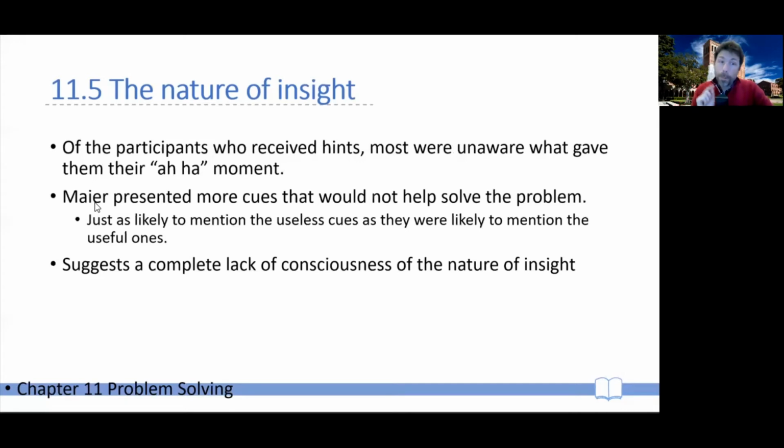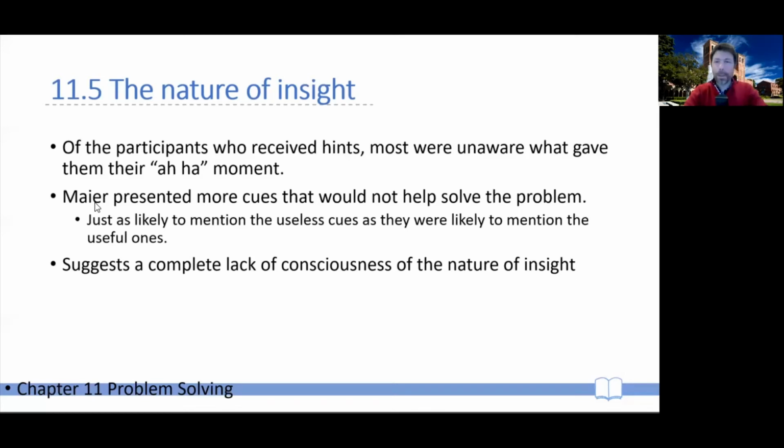Further, of the participants who received the cues, very few ever reported that the experimenter had swung the rope, and that was a hint that led them to experience insight. In fact, some of them would come up with elaborate stories as to how they got to the solution, but it had nothing to do with the cues that were provided.